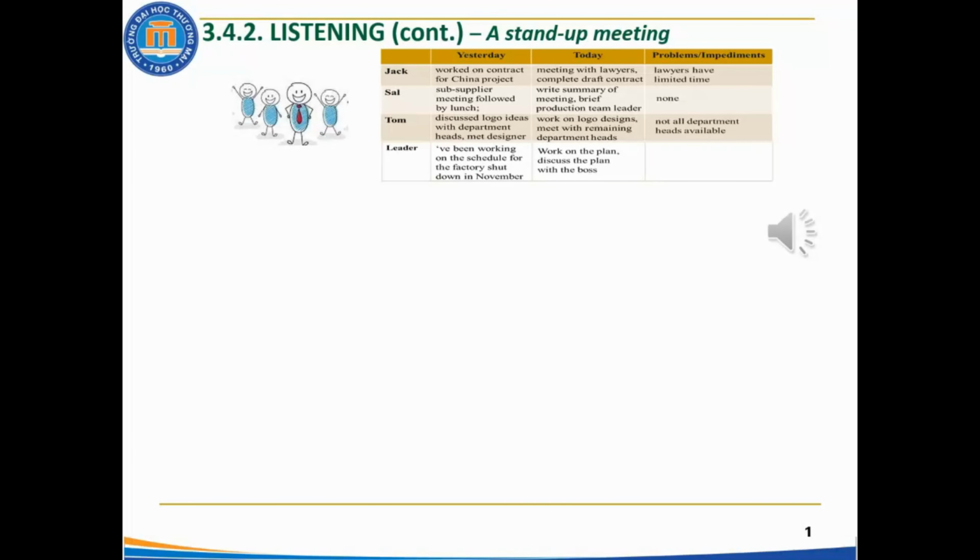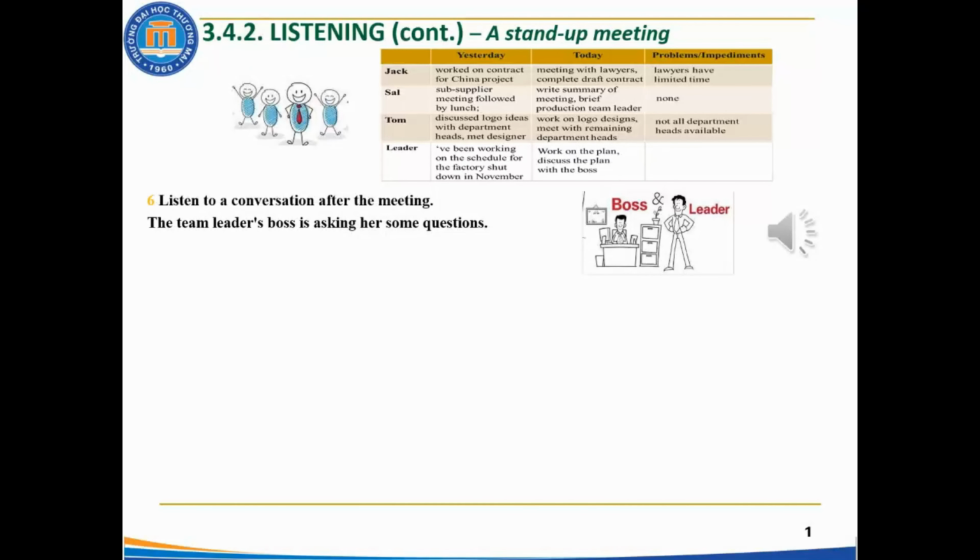So as you can see on the screen are the notes about the information given by Jack, Son, and Tom, and I also add the information given by the leader, right? So after this stand-up meeting, the team leader goes to see the boss, and the team leader's boss asks the leader some questions, as you can see below.